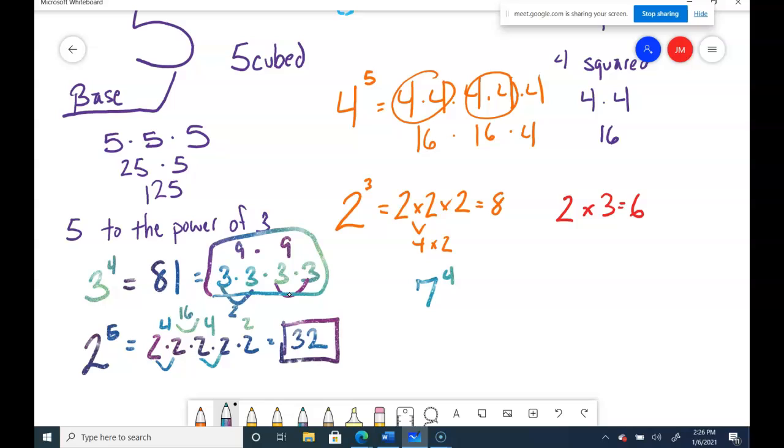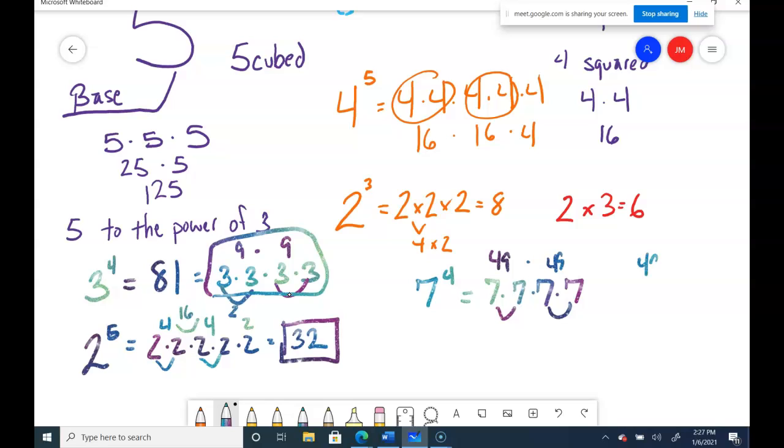Somebody tell me how we read that. Seven to the power of 4. Okay, and we write it as 7 times 7 times 7 times 7. So we have 49 times 49. Is that going to be a small number?